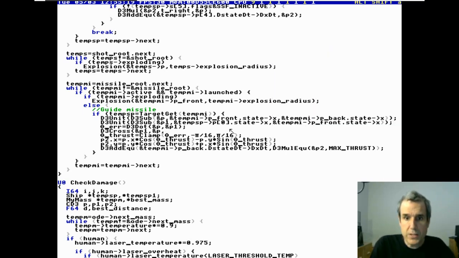Wait, we want the velocity at the top minus the velocity at the bottom? I think that's what we want. We want the velocity at the top minus the velocity at the bottom to get the spin. Yeah, if they're both moving, then you don't want that.